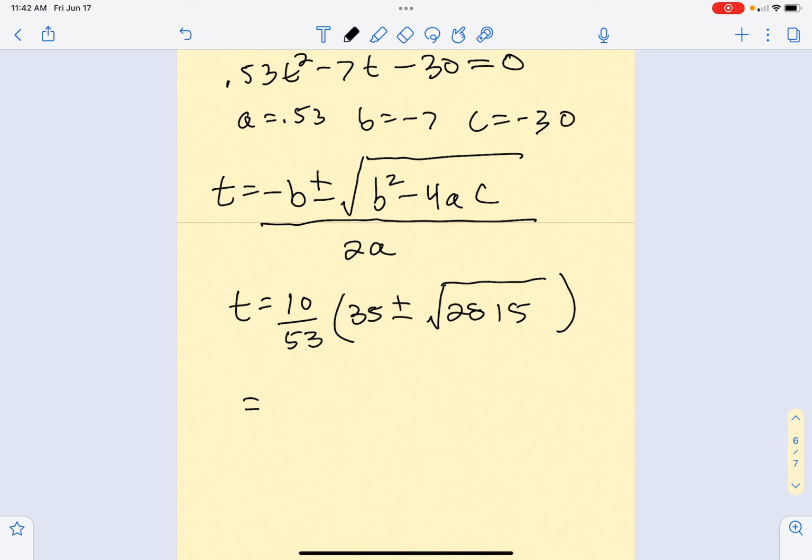We choose the positive, so we're going to get t is approximately equal to 16.61 seconds. And that is the point where they overlap each other and continue going.